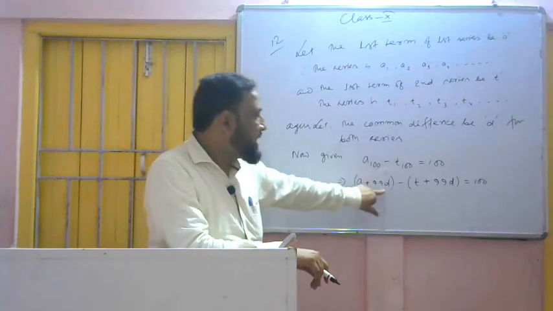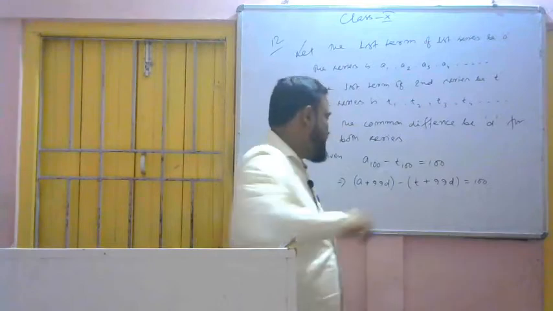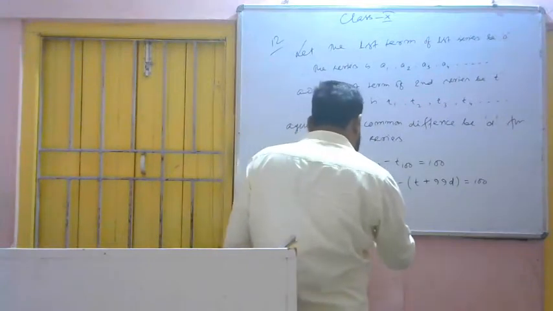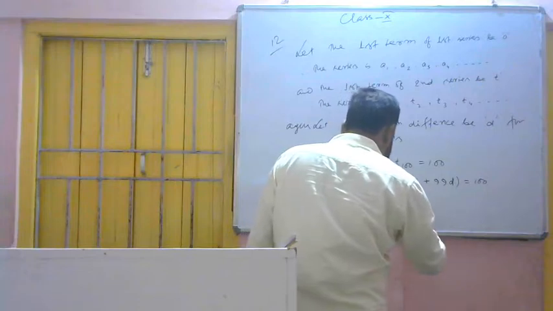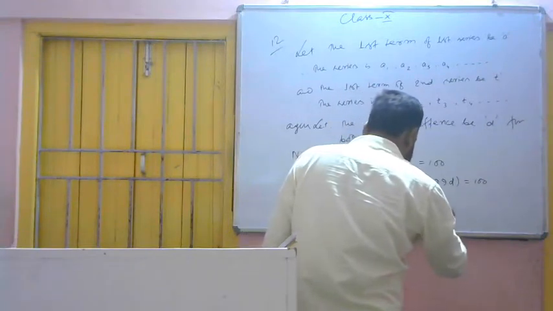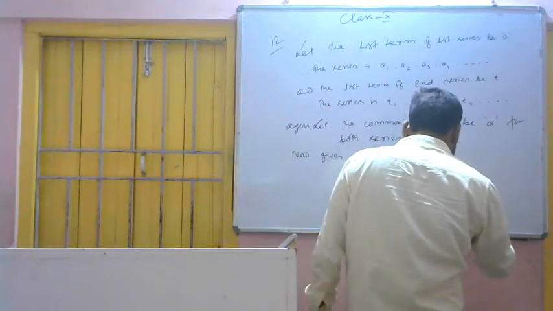So a plus 99d minus t minus 99d is equal to 100.